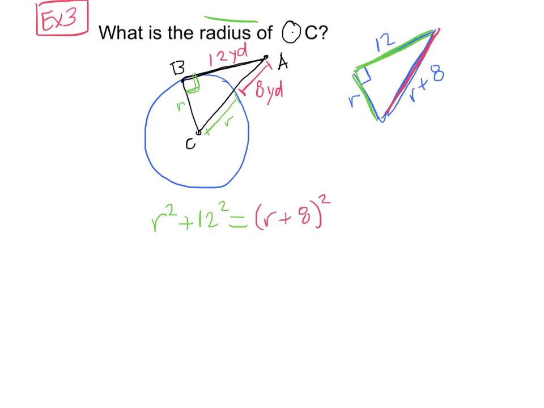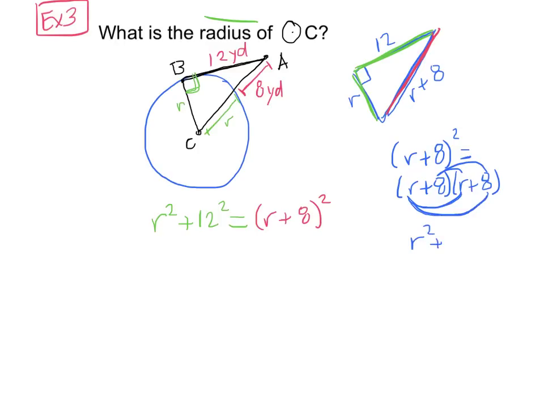Now I know already you're looking at this thinking, gosh, I don't remember how to do this, but remember, (r plus 8) squared is the same thing as (r plus 8) times (r plus 8). And if you FOIL that, that's first, outside, inside, last. You get r times r is r squared. r times 8 is 8r. 8 times r is 8r.